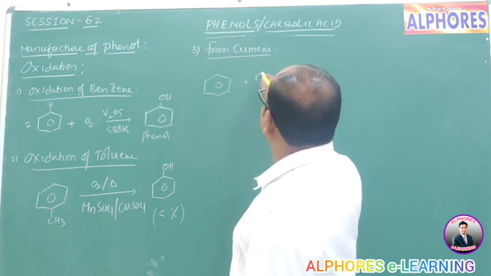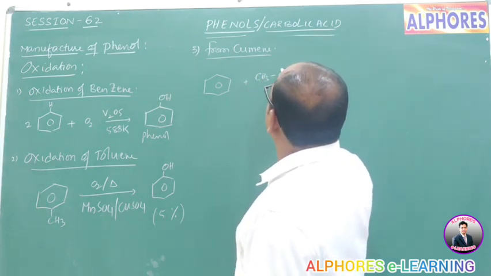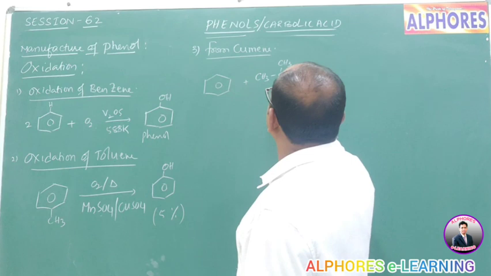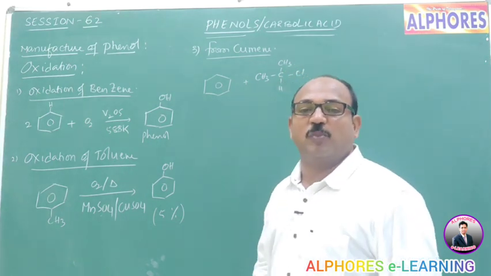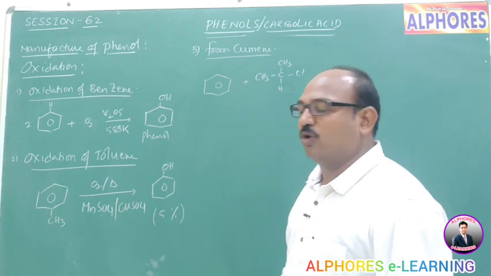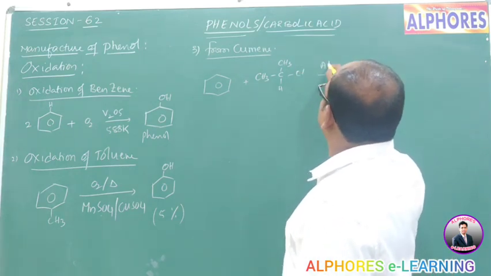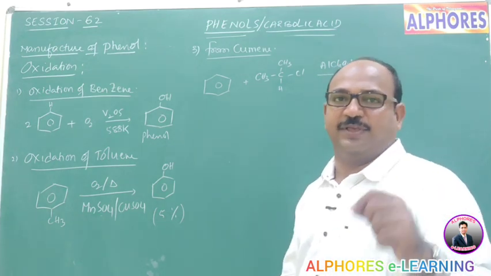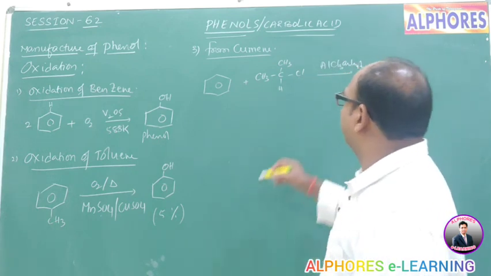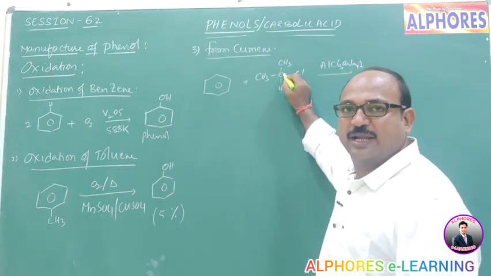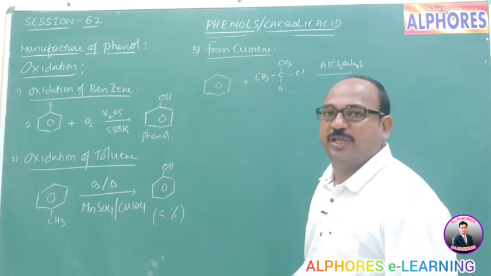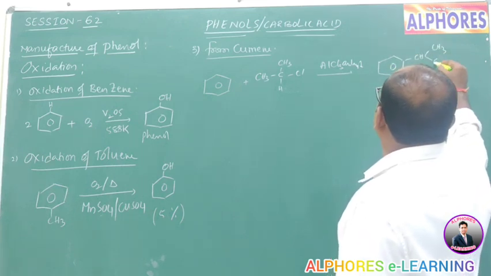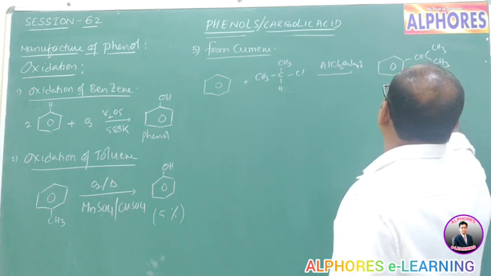First, CH3 CH Cl CH3, which is isopropyl chloride, upon reaction with anhydrous AlCl3 or FeCl3, a Lewis acid catalyst, generates isopropyl carbocation. The isopropyl carbocation attacks the benzene ring, and we get isopropyl benzene, which we call cumene.